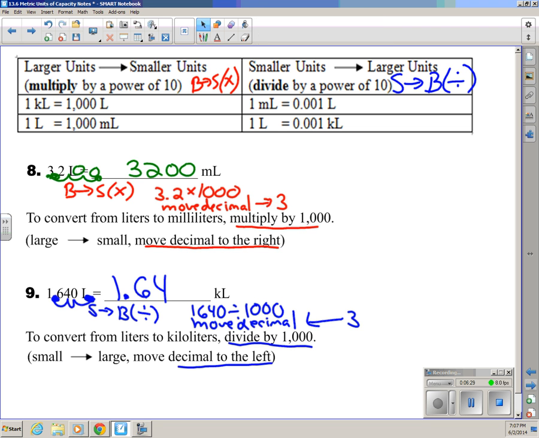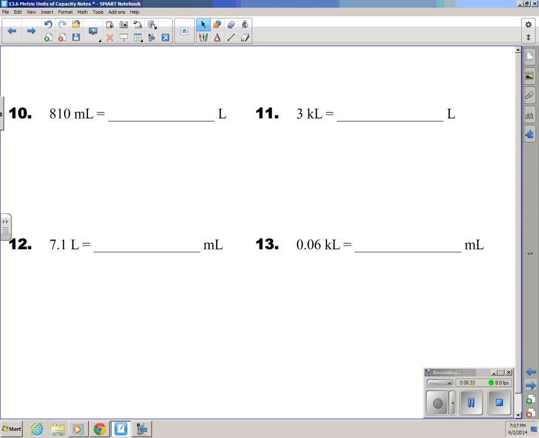So let's practice some more conversions. Remember, if you're moving your decimal to the right or to the left, think about big to small, small to big. Milliliters to liters, small to big. I'm going to move my decimal to the left 3 times. 1, 2, 3. I get 0.81.